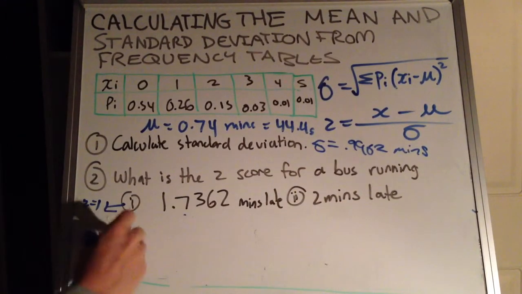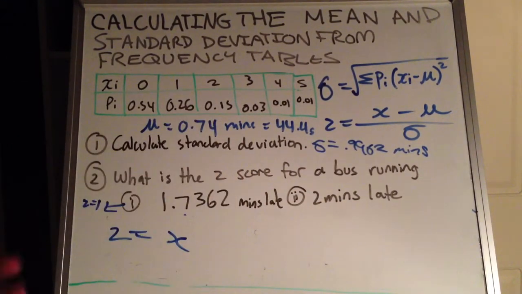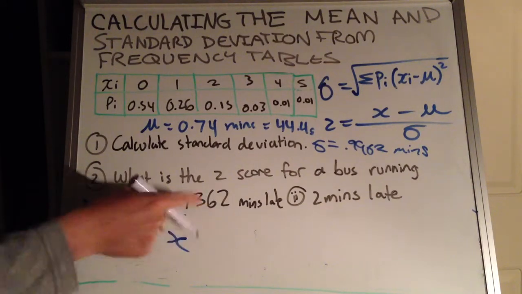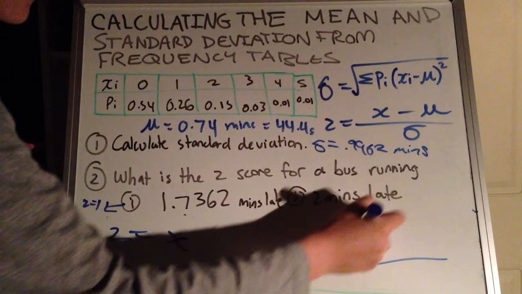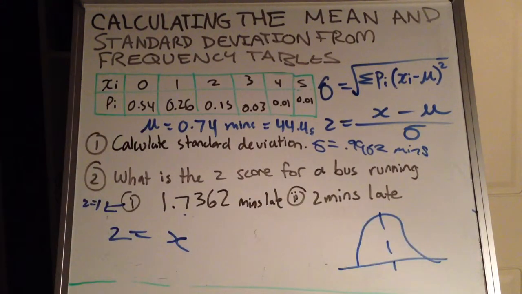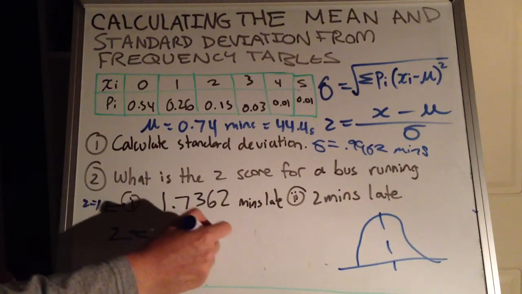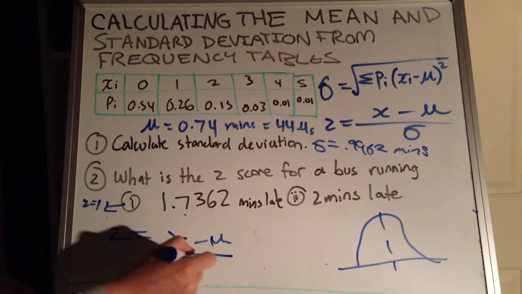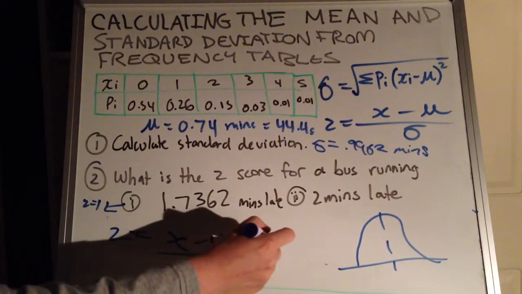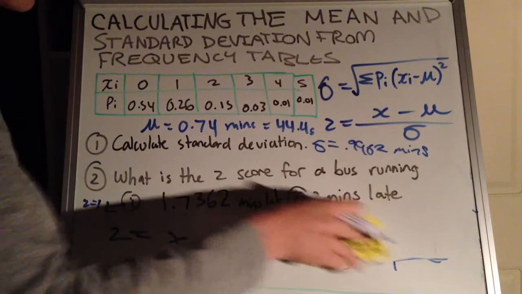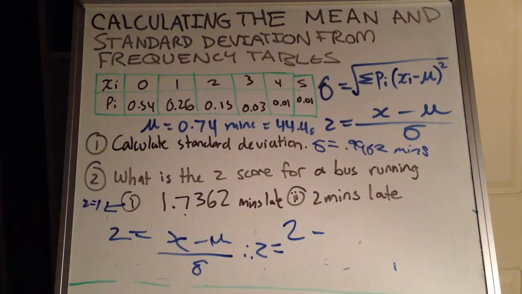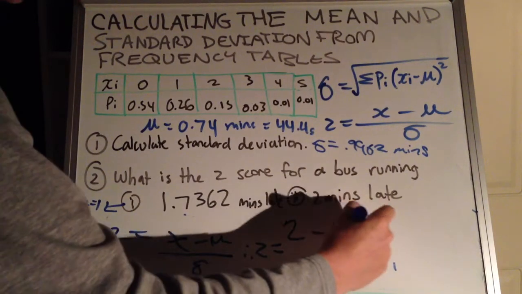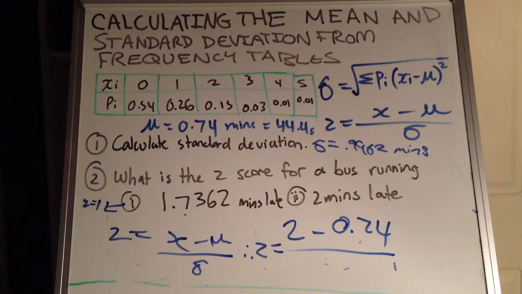We have Z equals X, where X is a value like 1.3773 or something like that, a value along this distribution here, take the mean that we were able to calculate, over sigma. This means that Z equals, in this instance, 2 minutes late, so it's 2 take mu, and mu is 0.74, all over sigma.